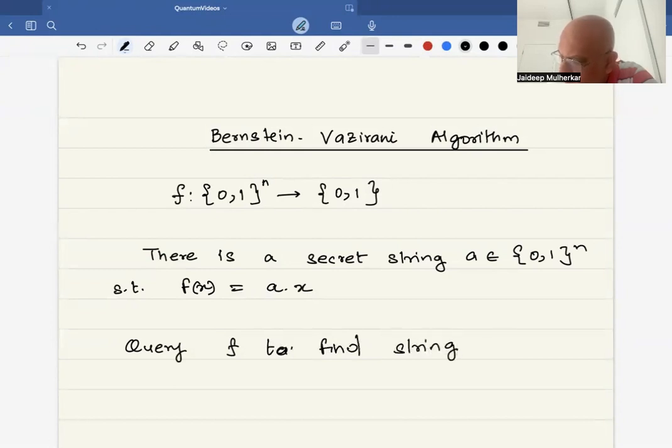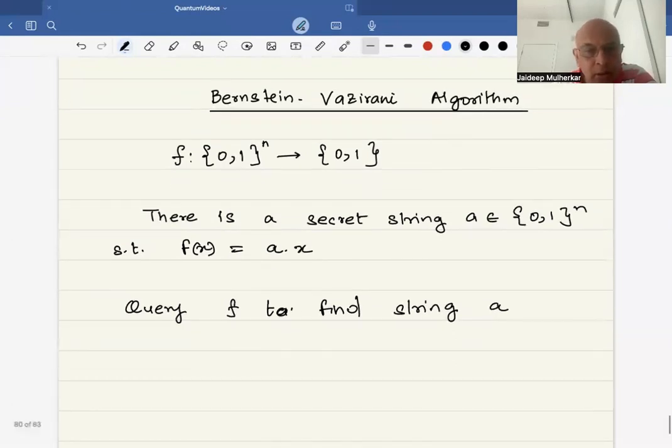So it seems that over here also you will require an exponential number of queries. However, one can use a simple trick.